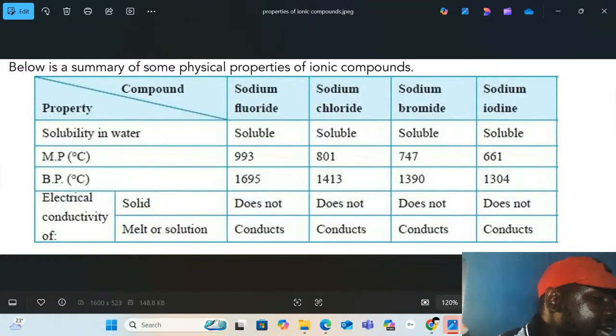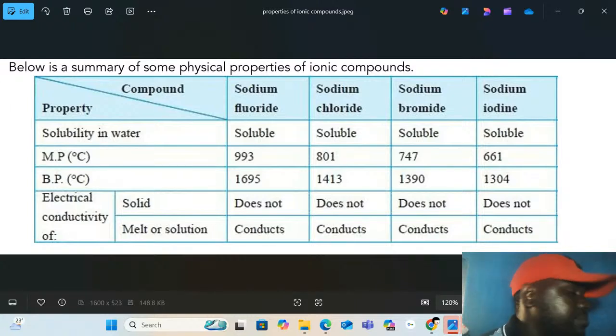But the moment they are molten or in aqueous solution, all of these compounds are able to conduct electrical current.